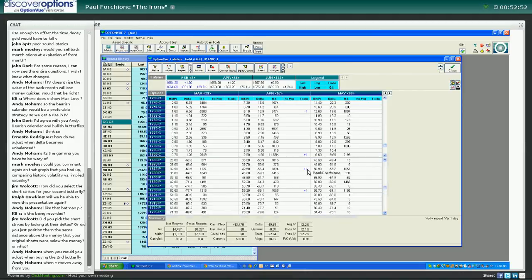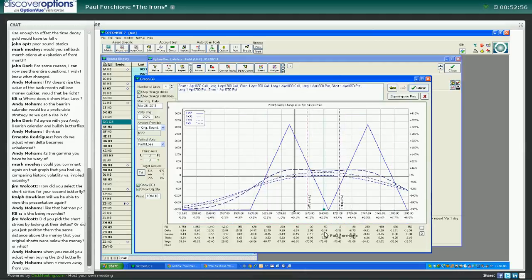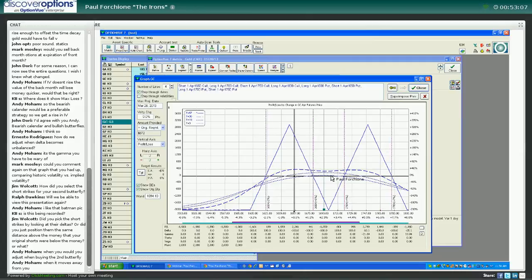We'll get rid of what we had before. And now we do have a position that is actually delta neutral, and it widens out the profit range on the upside. It makes those ears on the Batman curve a little bit wider.